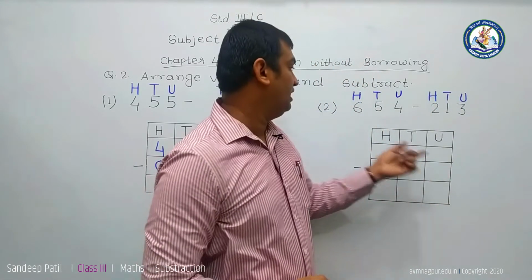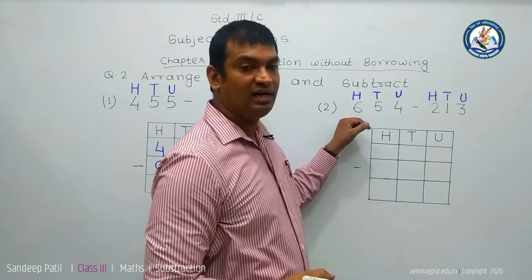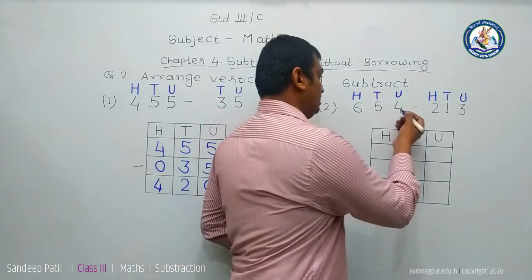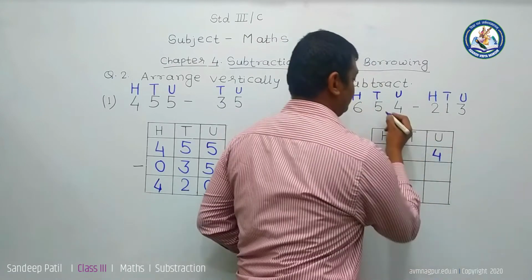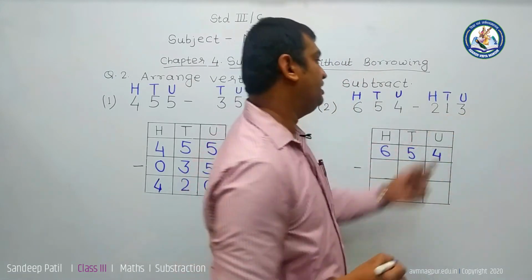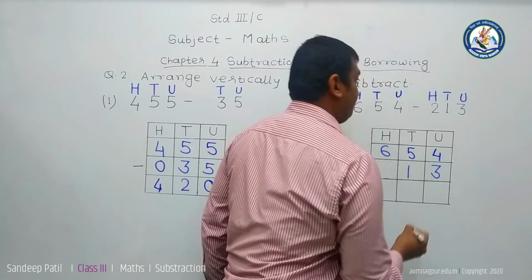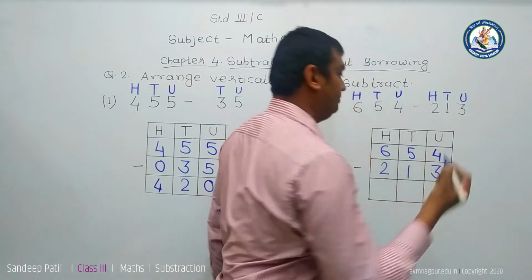Arrange them vertically. As 654 is bigger than 213, we will write 654 first. So there are 4 units, 5 tens, 6 hundreds, and here 3 units, 1 ten and 2 hundreds.